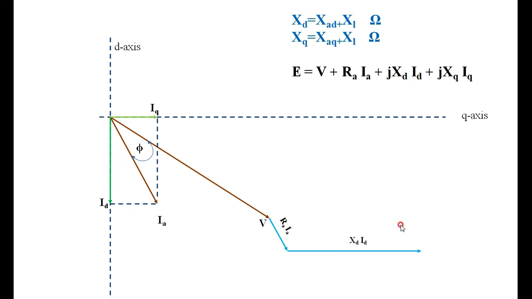Then to the tip of IDXD, what do I have to add? That is IQXQ, which is perpendicular to IQ. Therefore, I am adding it here, and what we get is the total induced voltage E. This is how we have to draw the vector diagram for the alternator for two reaction theory, or for the salient pole type of alternator.